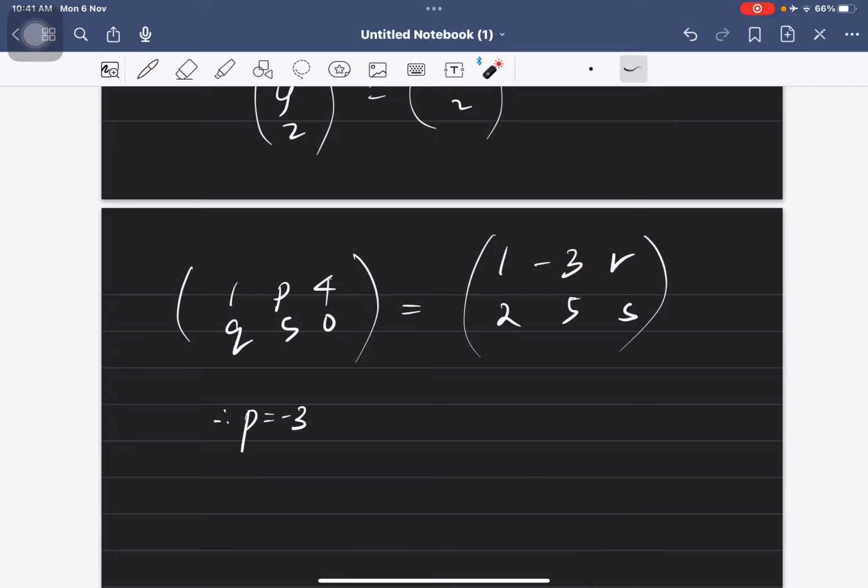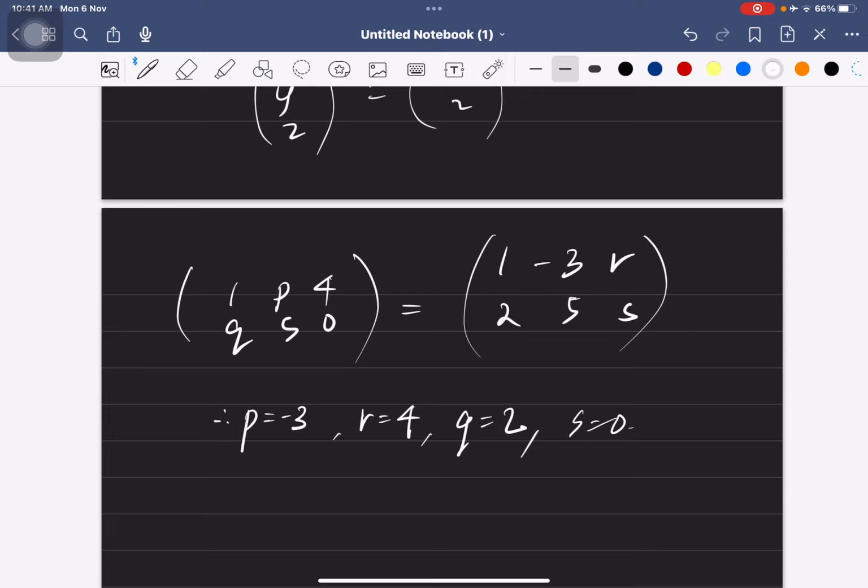We can also see that 4 is equivalent to r, so r is equal to 4. And what else? q and 2, so q is equal to 2. And also s is equivalent to 0. So this is the equality of matrix.